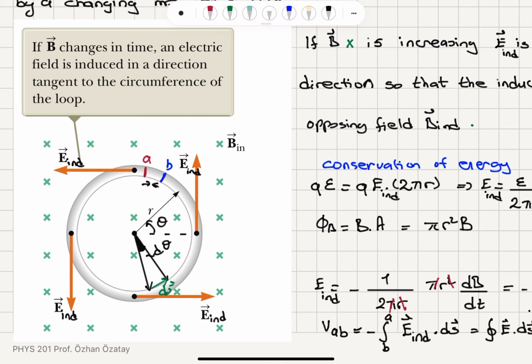And if we look at two adjacent points on this circular wire, points A and B, and let's say that these points are approaching each other. If we are at the same point on the wire, what should be the potential difference between these two points? If they are the same point, that potential difference should be approaching 0.